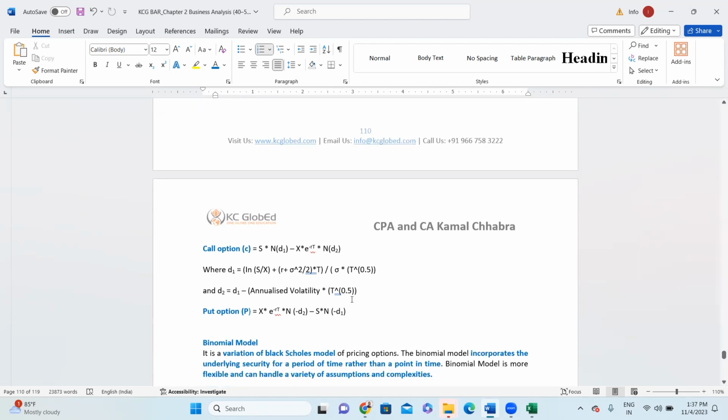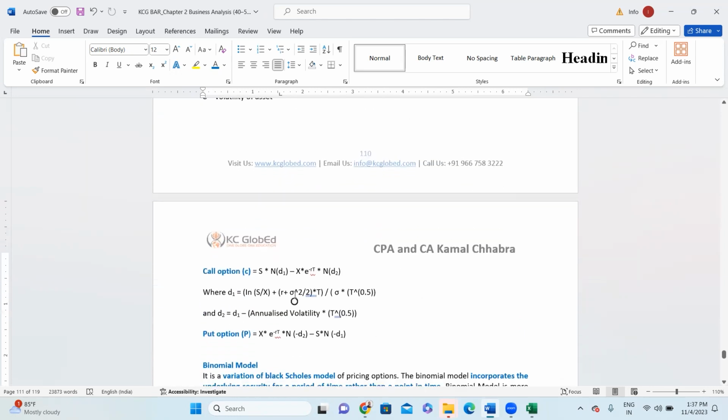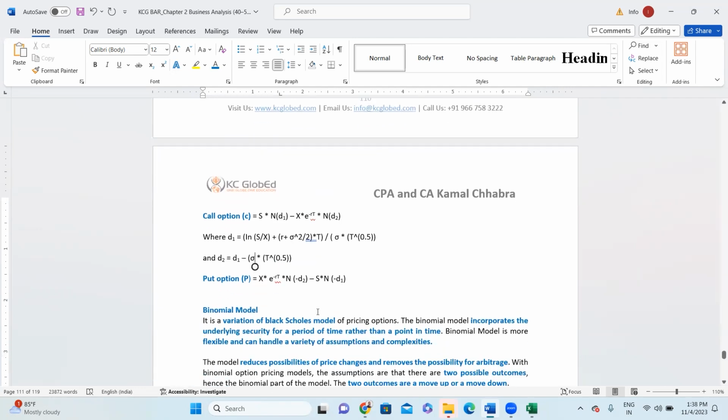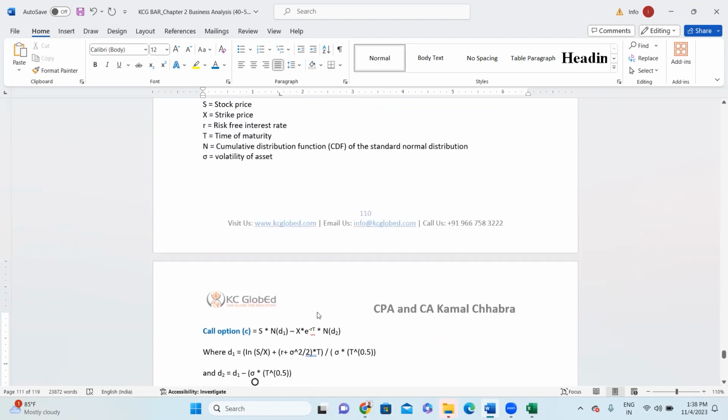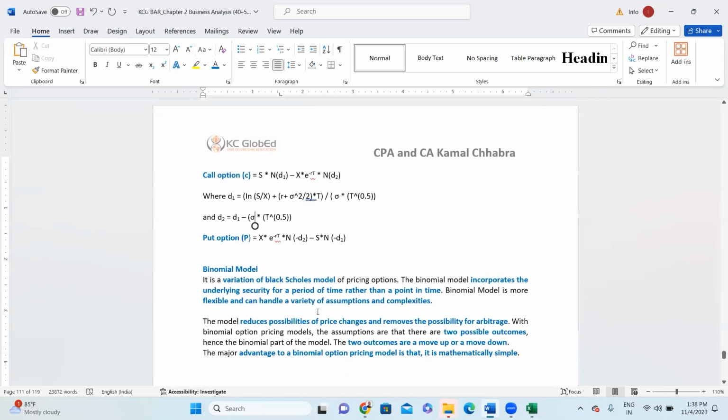And d2 is d1 minus the annualized standard deviation multiplied by T to the power half. And the put option is X multiplied by, these are all formulas. You are not required to mug up, to be very honest. These are just for your information purpose, right?